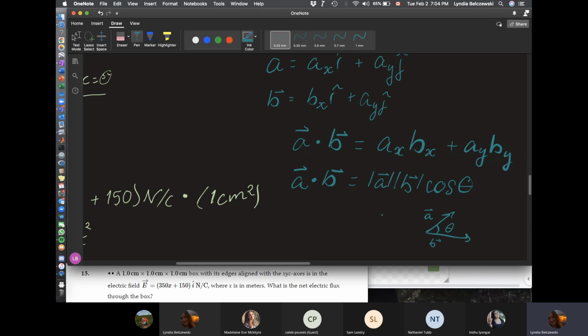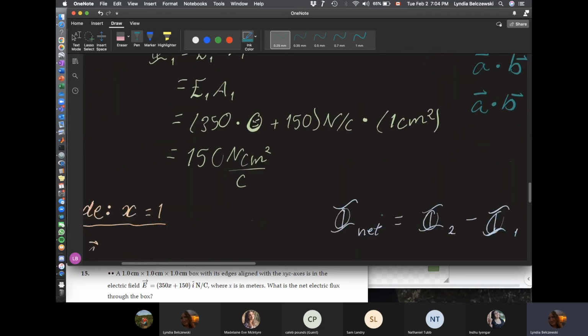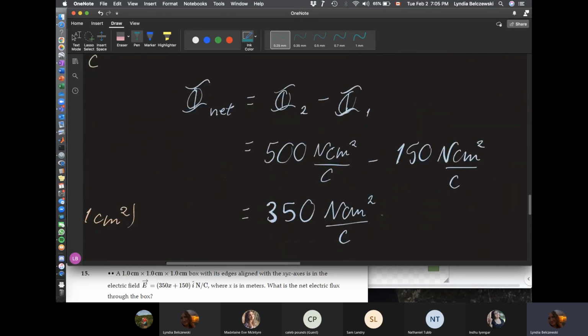Someone asked, if the box was sitting further along the x-axis, so not right in the corner, then the flux would be larger in and larger out, but the net flux would be the same if the box is the same size. Yes, that's absolutely right, because the net flux depends on the difference in x values, not the x values themselves.